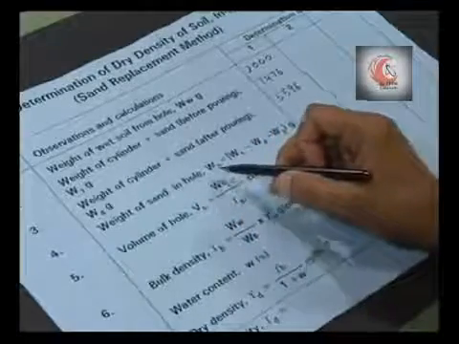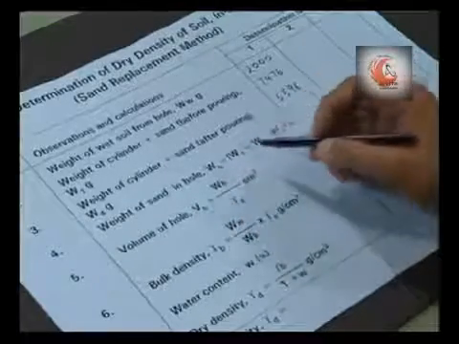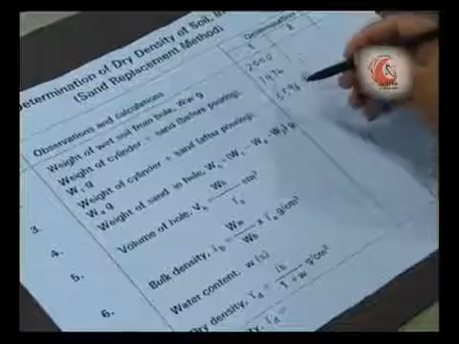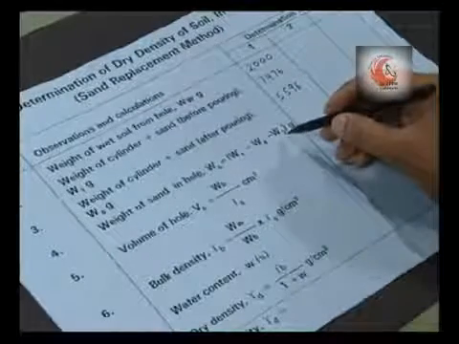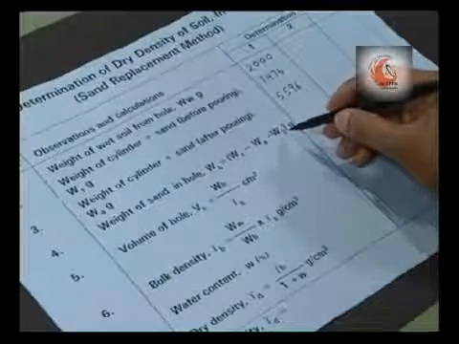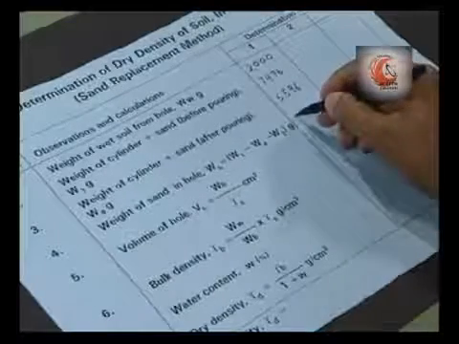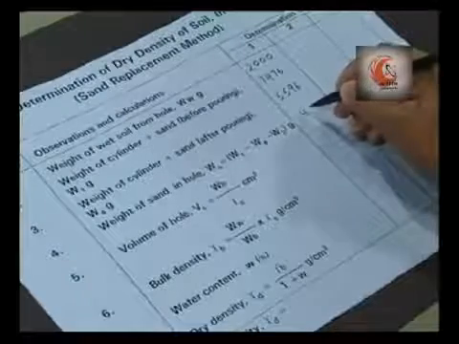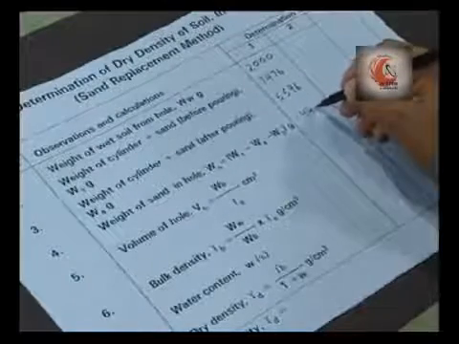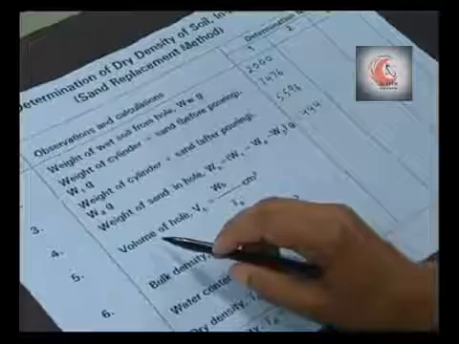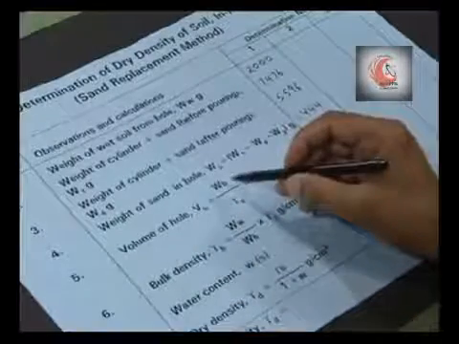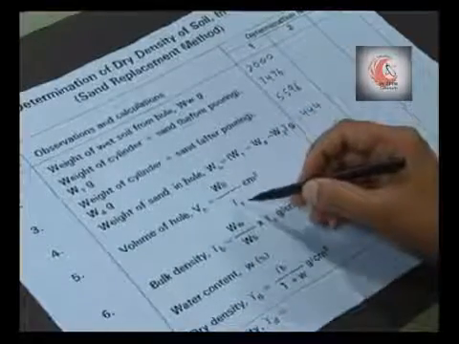Weight of sand in hole, that is WB, is the difference of W1 minus W4 minus W2, that is the weight in cone of the calibrating cylinder. Volume of the hole is the ratio of weight per unit density of sand.